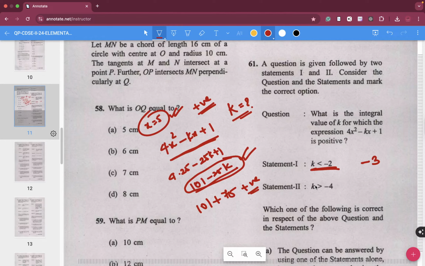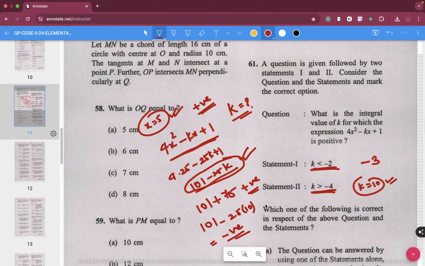Now statement 2 says k is greater than minus 4. If k is greater than minus 4, can I simply assume k equal to 10? Then this is 101 minus 25 into 10, which means it is a negative value.